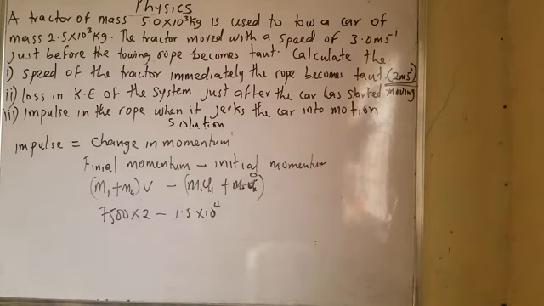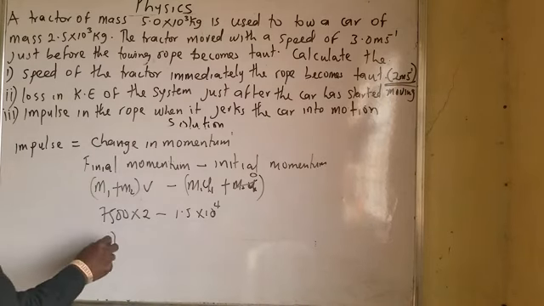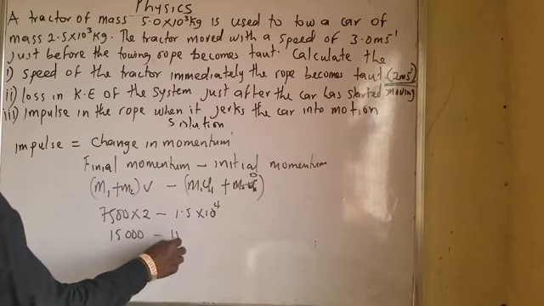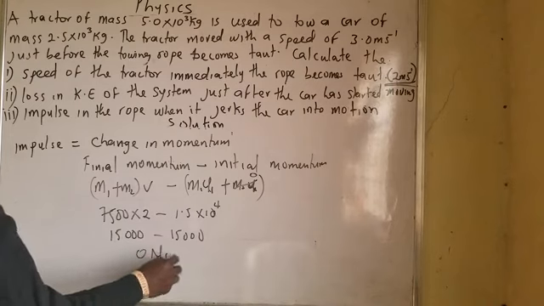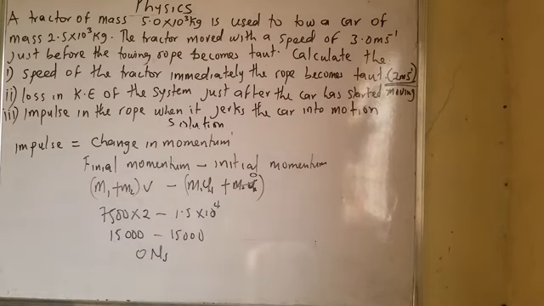By doing this, I will have 15,000 minus 15,000, which is going to be 0 Newton seconds.